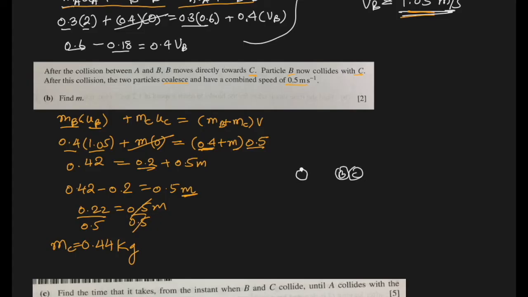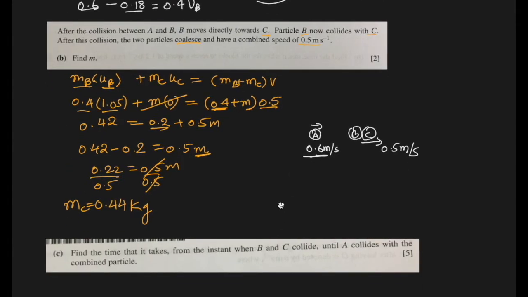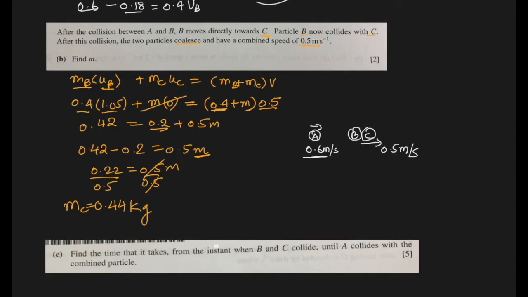And we know that A is still coming towards both of them with a speed of 0.6 meters per second, and they are moving with 0.5 meters per second now. That's what they said in part B. That means A is faster now. So until A goes and collides with them, this is what they're saying, a total time taken.